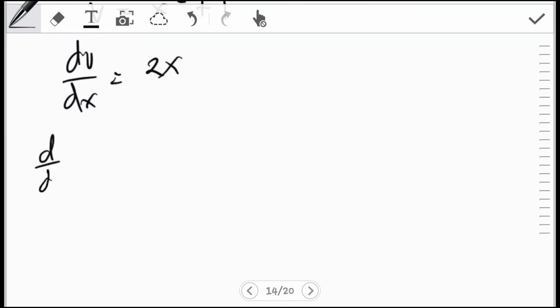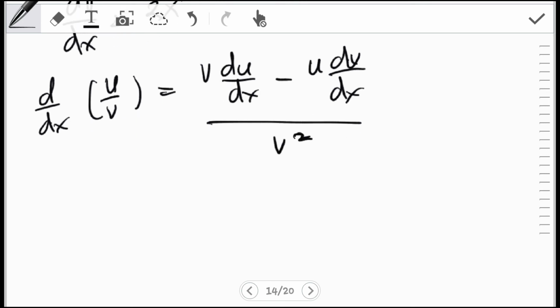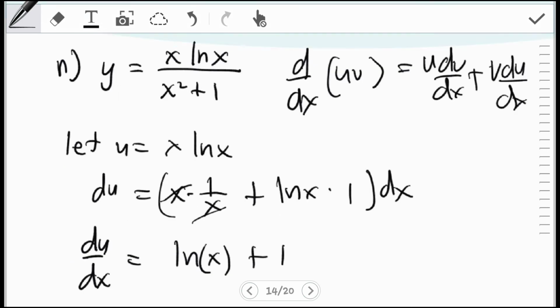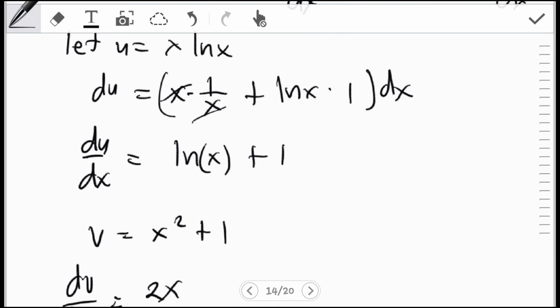So d over dx of u over v is equal to v du over dx minus u dv over dx, over v squared. So where v is x squared plus 1, and du over dx is ln x plus 1.